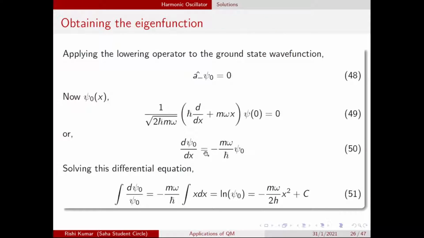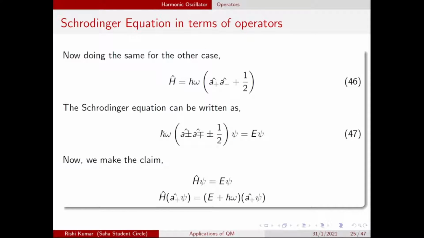Now, let me give you a small insight into what the A plus and A minus operators are all about. They are technically called raising and lowering operators. What they do is, if you act upon any wave function, any psi, with your operator, it gives you the next excited state.